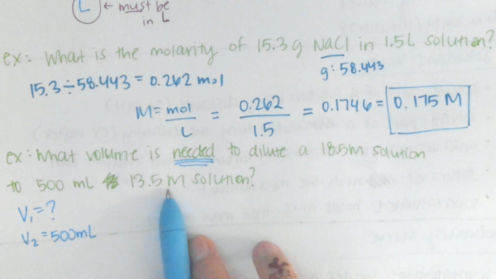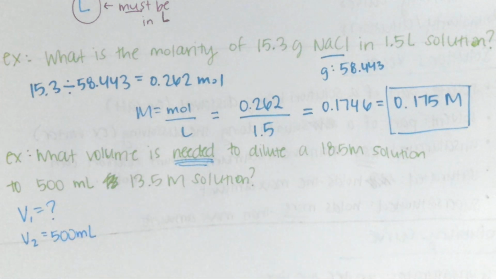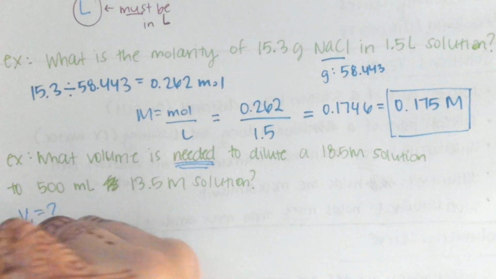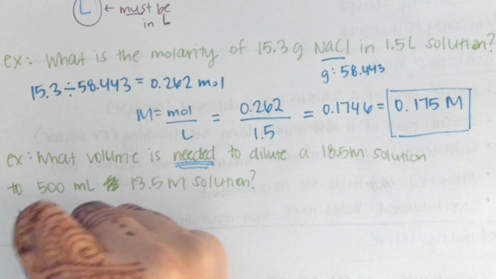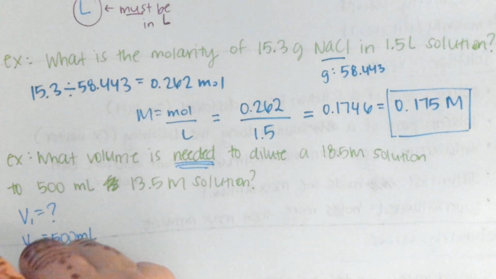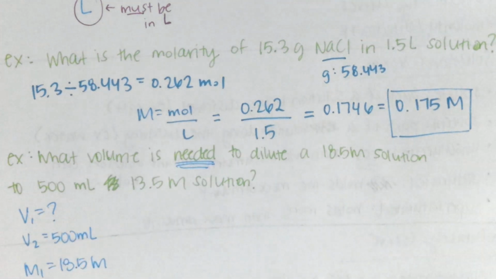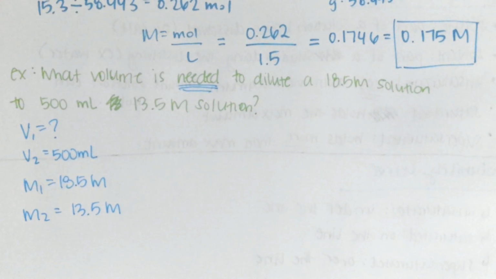We got 18.5 versus 13.5. Again, dilution means to increase the molarity or decrease the molarity? When you dilute something down with water, you decrease the molarity. So, the bigger number would have to be M1. That's what you're starting with. M2 would be the 13.5. That's the hard part, which isn't actually that hard.